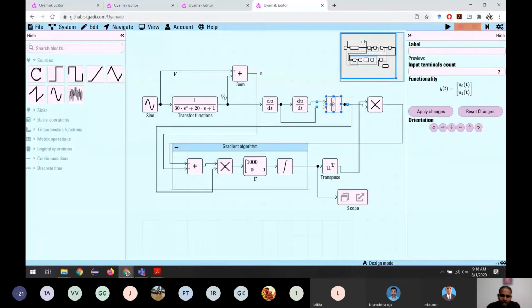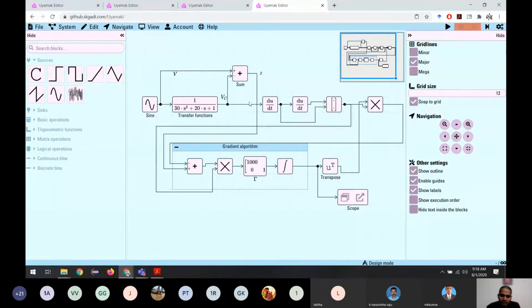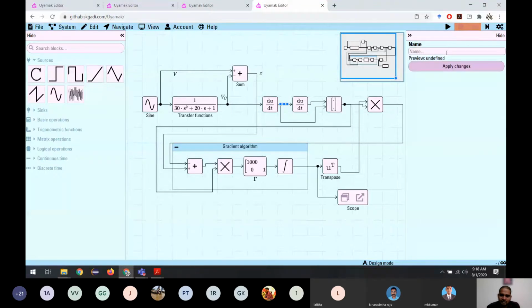So we are constructing one matrix with two elements. The first element is VC derivated 2 times. The second term is VC derivated once. So this is derivation once first, and the other one is 2 times.